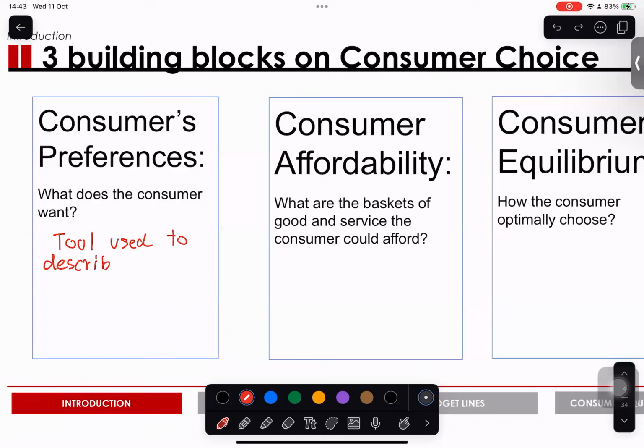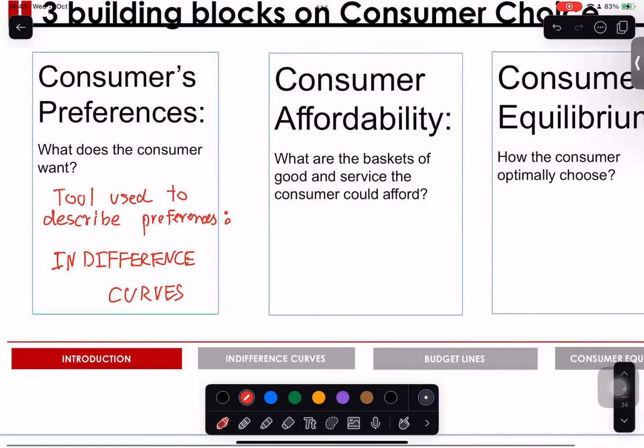The tool that we use to describe preference or taste, we call indifference curve. Indifference curve in Thai language is เส้นความพอใจเท่ากัน.